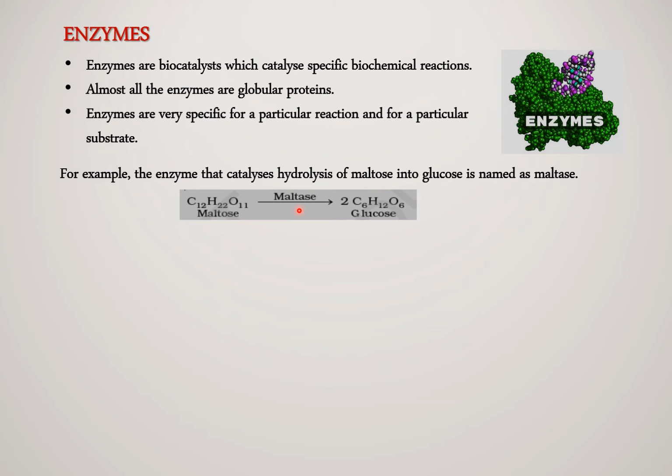The same reaction, breaking down maltose with a suitable mineral acid or any other catalyst in the laboratory, would take an energy of activation of approximately 12 or 13 kilojoule per mole.